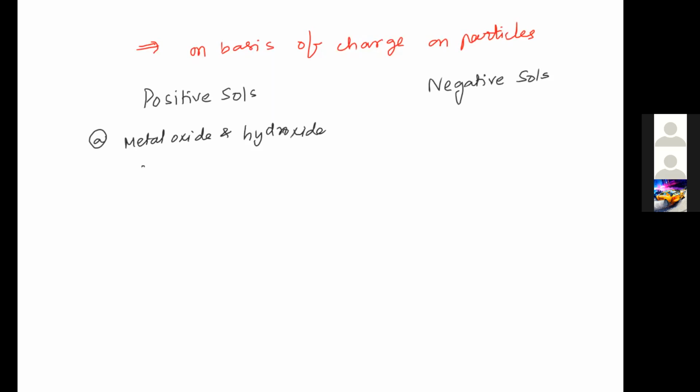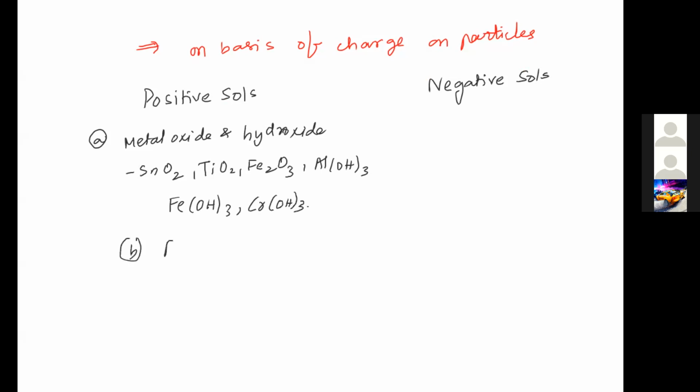Under this, again the same SnO2, TiO2, exactly same like those solution of oxide and hydroxide only. Al(OH)3, Fe(OH)3, Cr(OH)3. Basic dyes: methylene blue, Bismarck brown, these are colors.